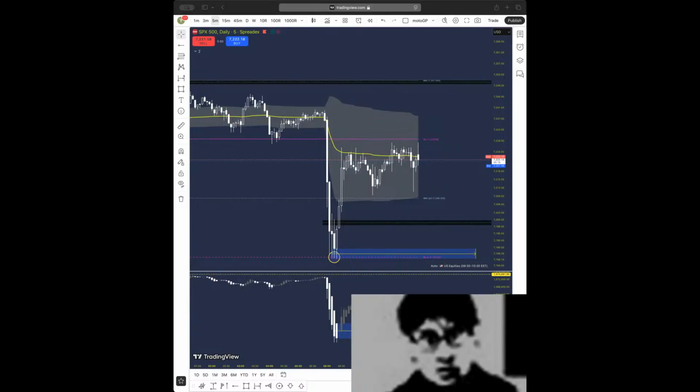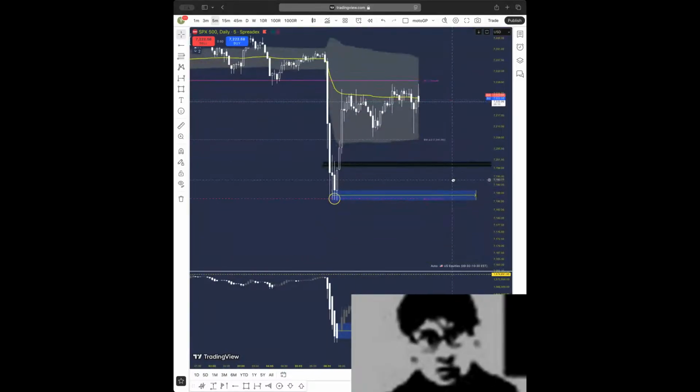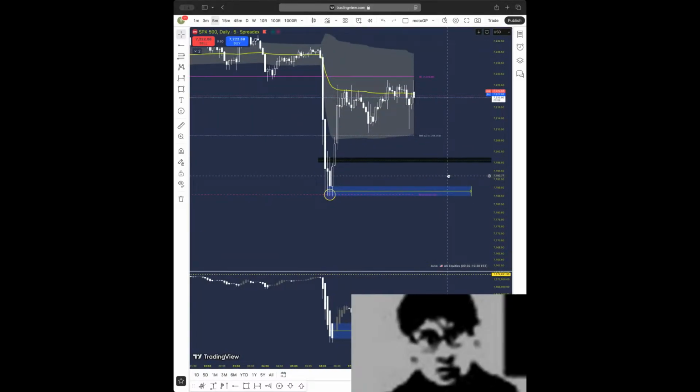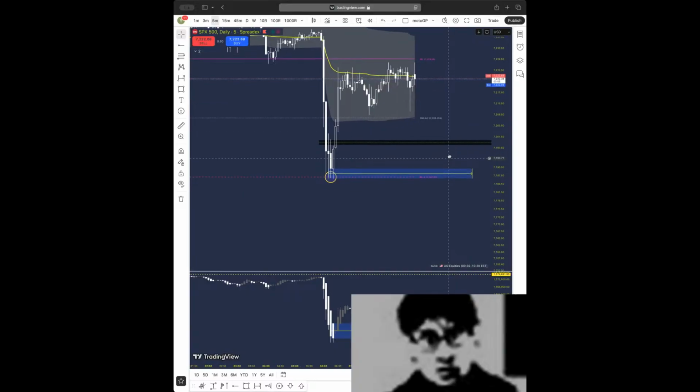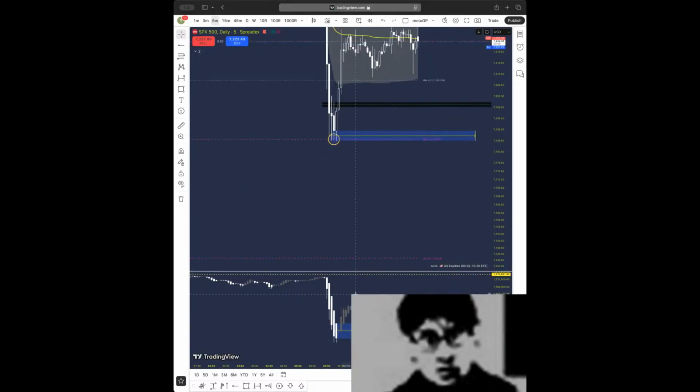Victor says, what about the Russell? I could look at the Russell. Yeah, it's basically the same as the ES. So it's the same story. You got a balance area high. You could say that this is still in balance.